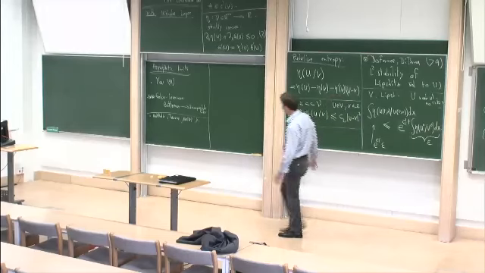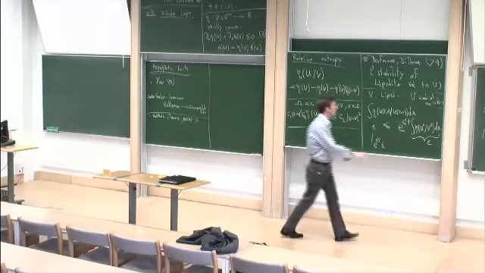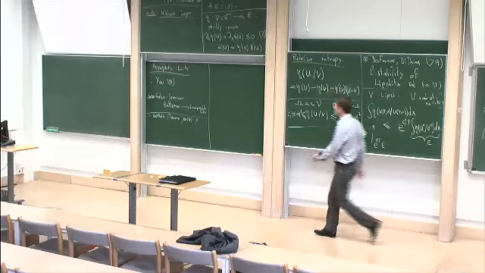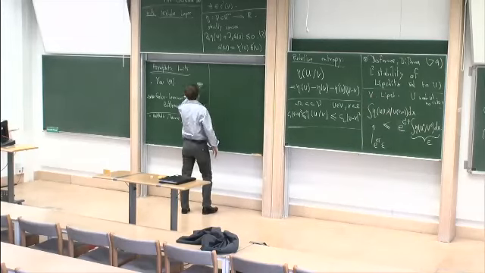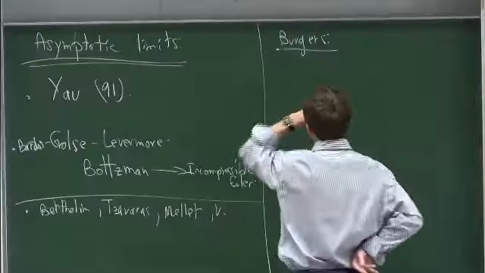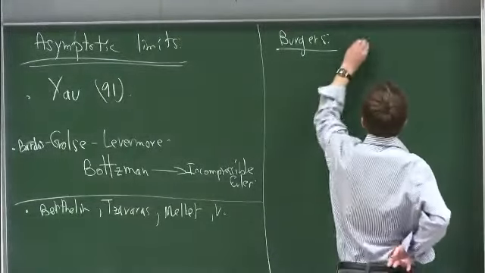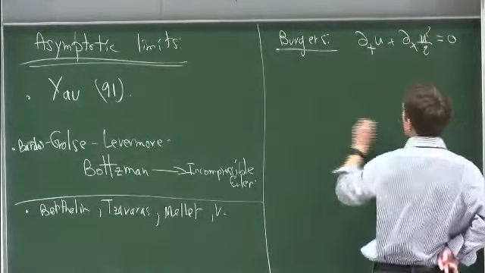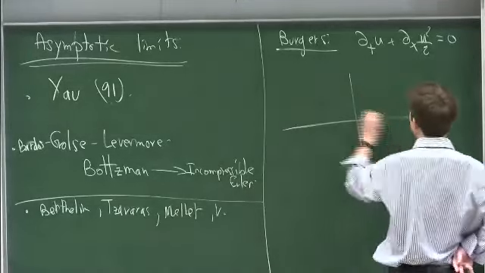And let me show you right away that this result is actually wrong for systems. Okay, and this is very easy. Well, let's take Burgers. If you take the Burgers equation, so it's just d_t u plus d_x u squared equals 0, take a very simple shock.